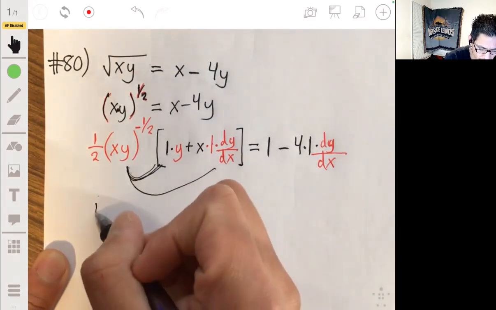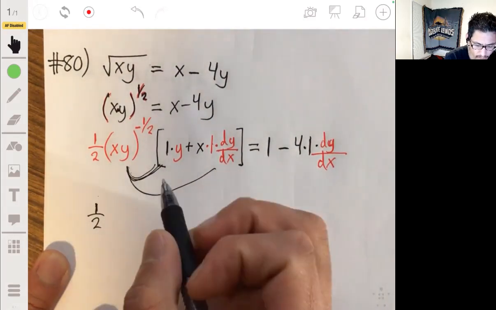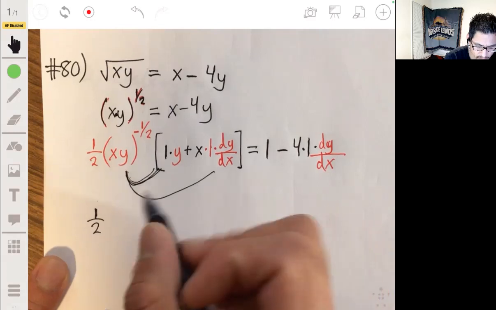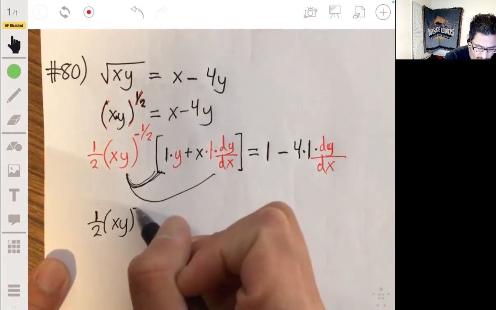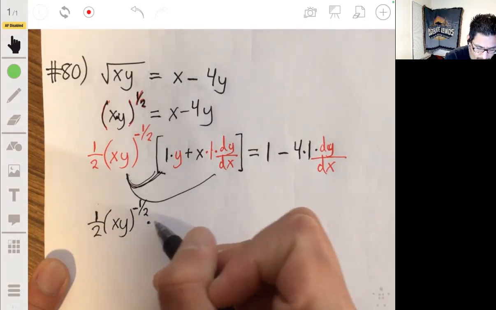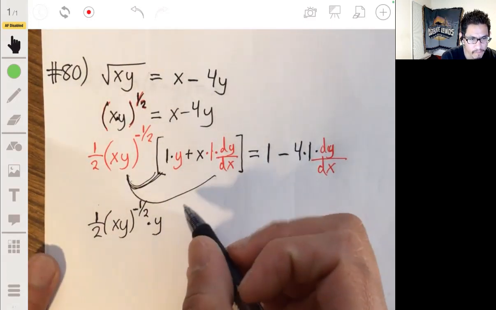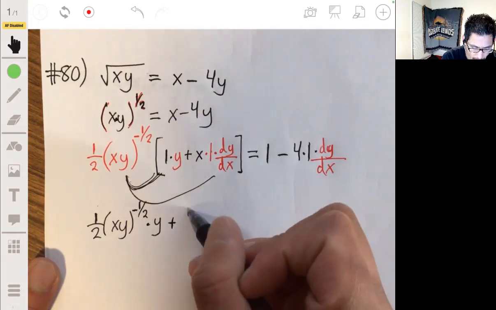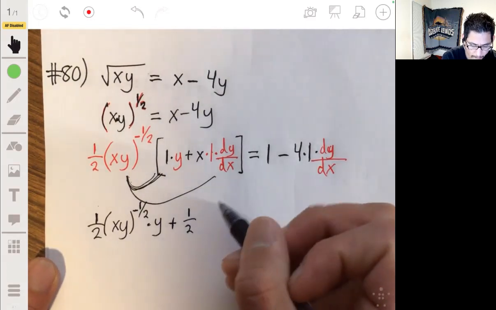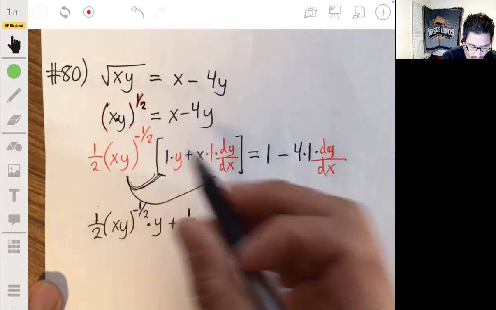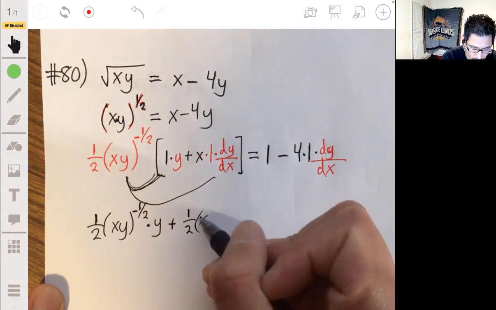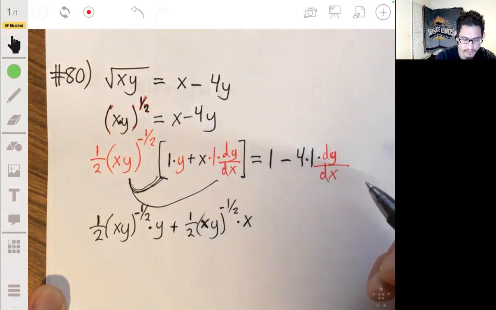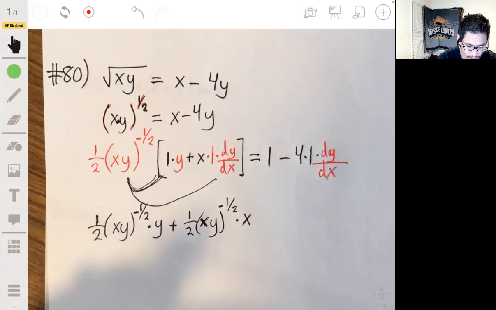So let's be 1/2 times xy to the negative 1/2 times y, plus 1/2 xy to the negative 1/2 times x. And then here we have the dy/dx.